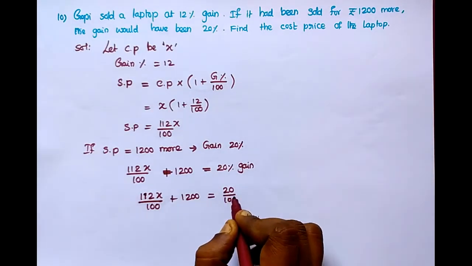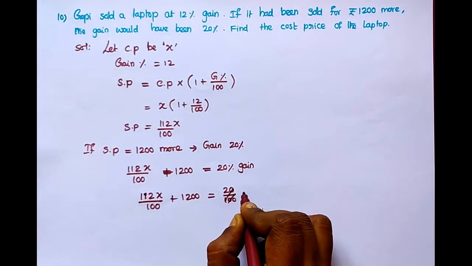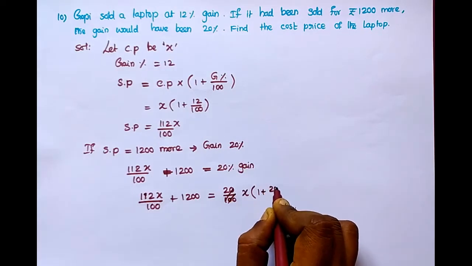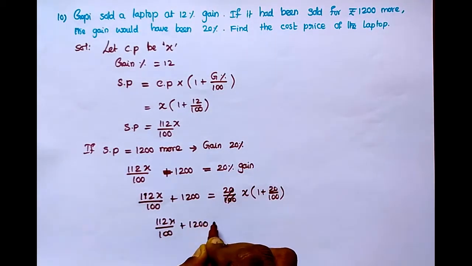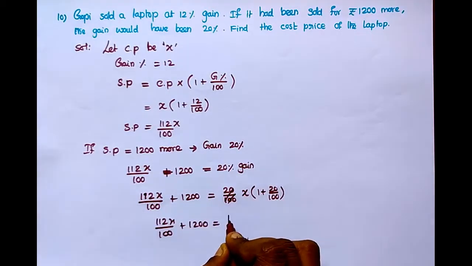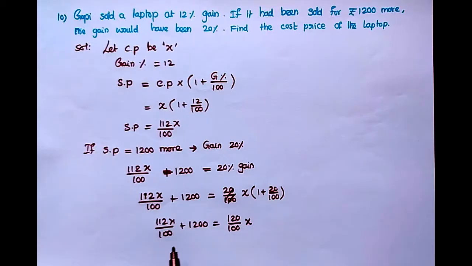How will you write that? That is cost price like that. So x into 1 plus 20% by 100. So 112x by 100 plus 1200 equals 120/100 into x. Now listen, change the LHS and RHS. 120x divided by 100 equals 112x by 100 plus 1200.